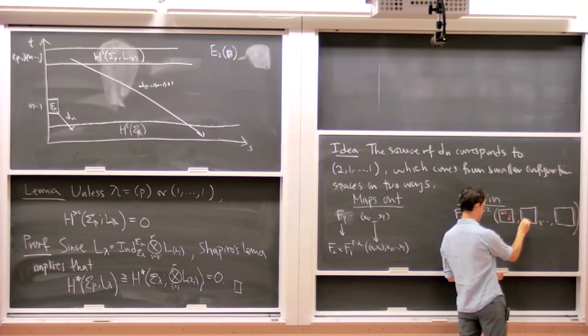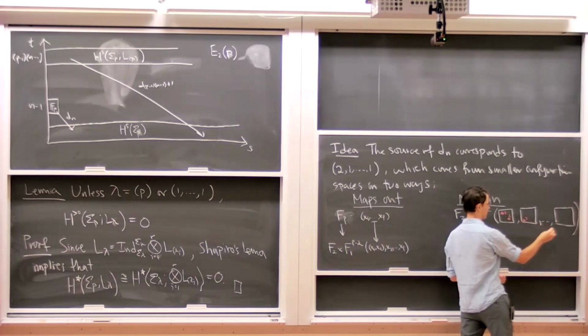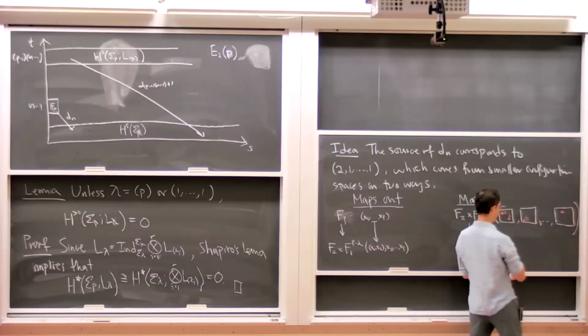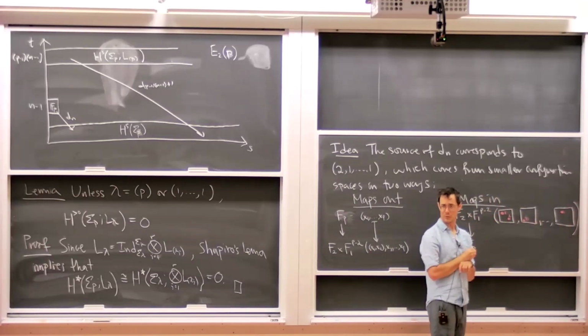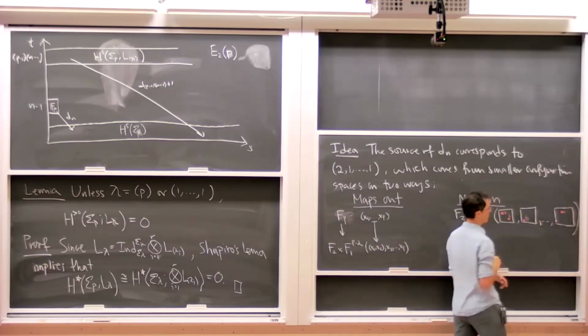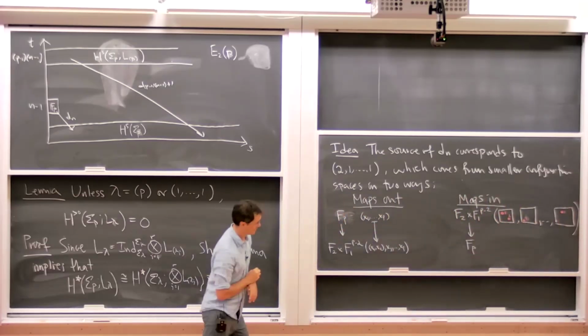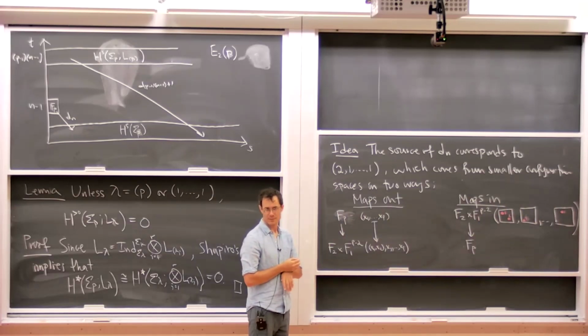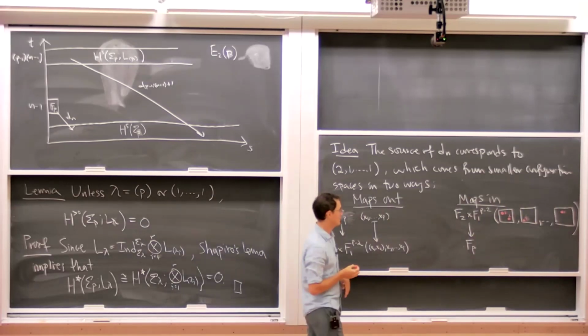Like maybe this one is down here, maybe this one is up here. This has the name 1 because it's the only particle in that configuration, and so does this. I'm stylizing Euclidean space as a box, but that's fine. You know how to make that identification.